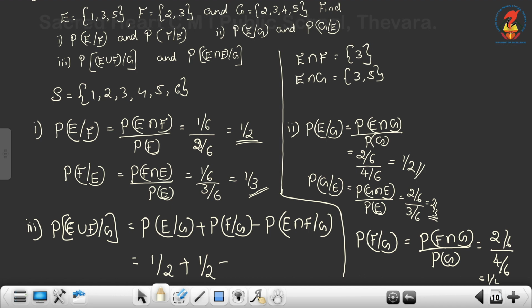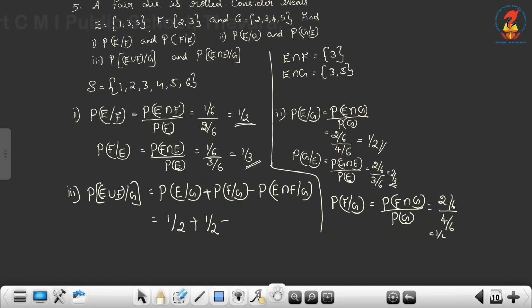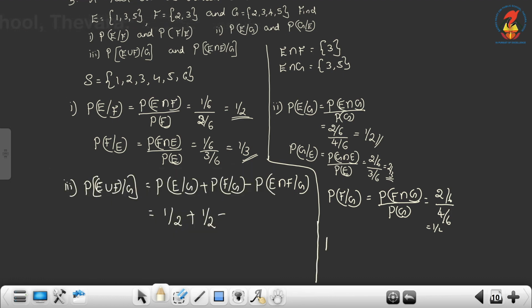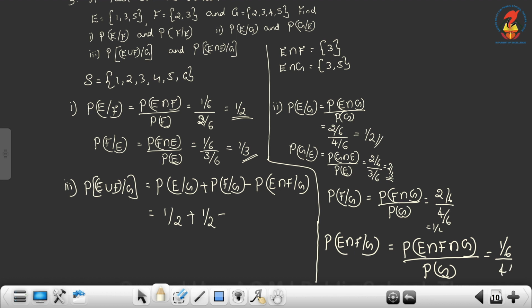What is E intersection F given G? So again we have to find that. P of E intersection F given G is P of E intersection F intersection G by P of G. What is the total intersection? E, F and G. Any common element? 3 is there. So only 3. So 1 out of 6 by 4 out of 6.